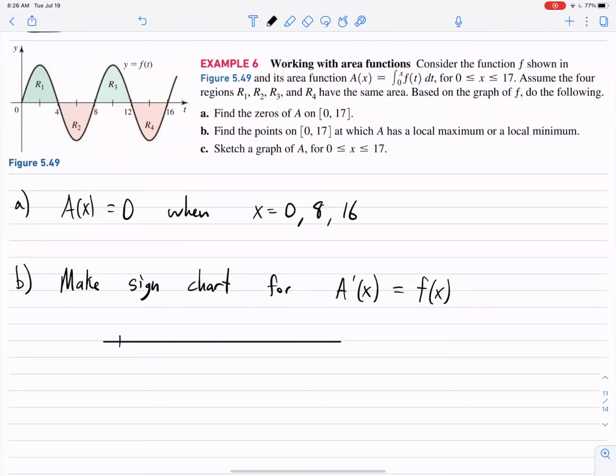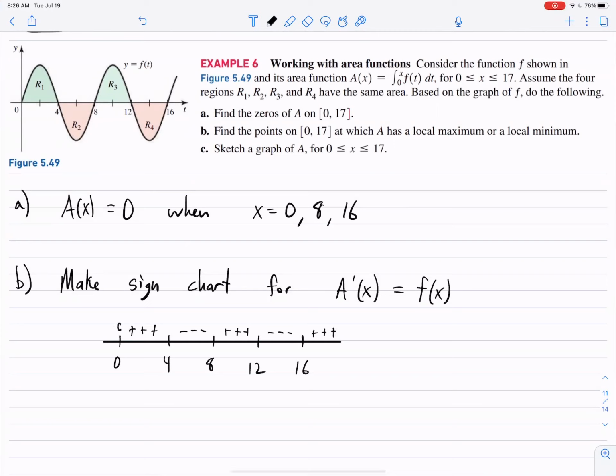And so what are the interesting points? 0, 4, 8, 12, 16. So f is positive here, negative here, positive here, negative here, positive here.